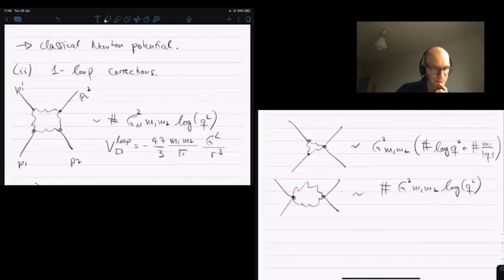Let me not draw all of these diagrams, because I just want to give you the one-loop result and contrast it to the single curvature squared interaction.